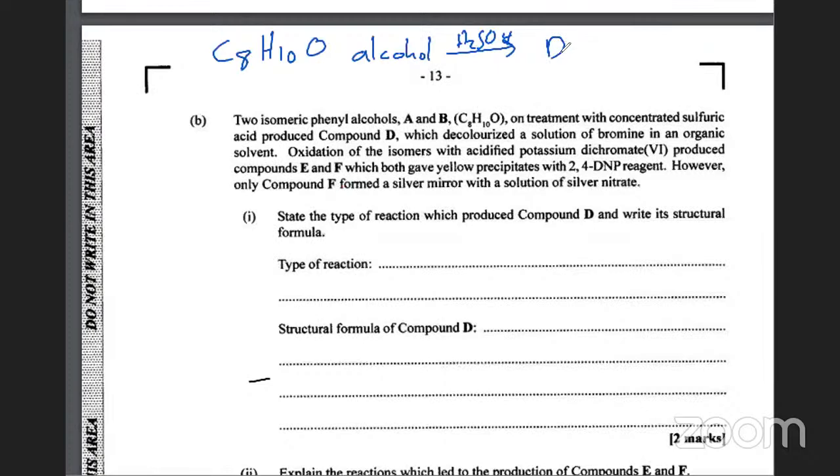Compound D decolorized bromine water. Right? So compound D decolorizes bromine.